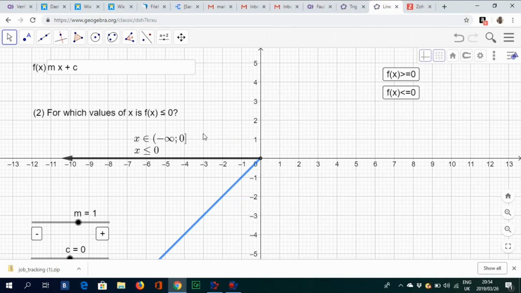We can write our answer like we did with the first question in interval notation, as x is an element of (−∞, 0]. Now look at the open bracket again. This is from minus infinity because we don't really have a number that is minus infinity. And 0, we know that 0 is included in the solution, hence we've got the closed bracket here.